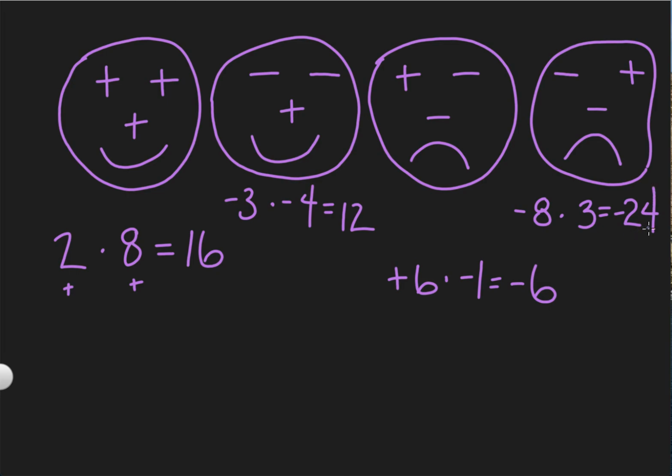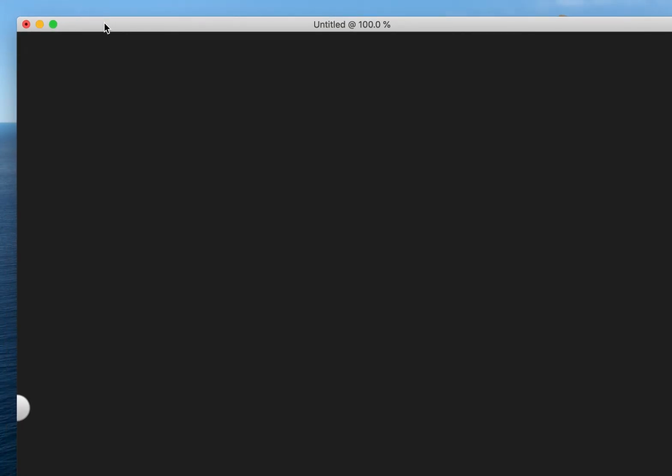So let's just look at a bunch of problems and see what we can do with them. So let's go to 3. Oops, let's move that back. Right, 3 times negative 9. We've got a positive and a negative.